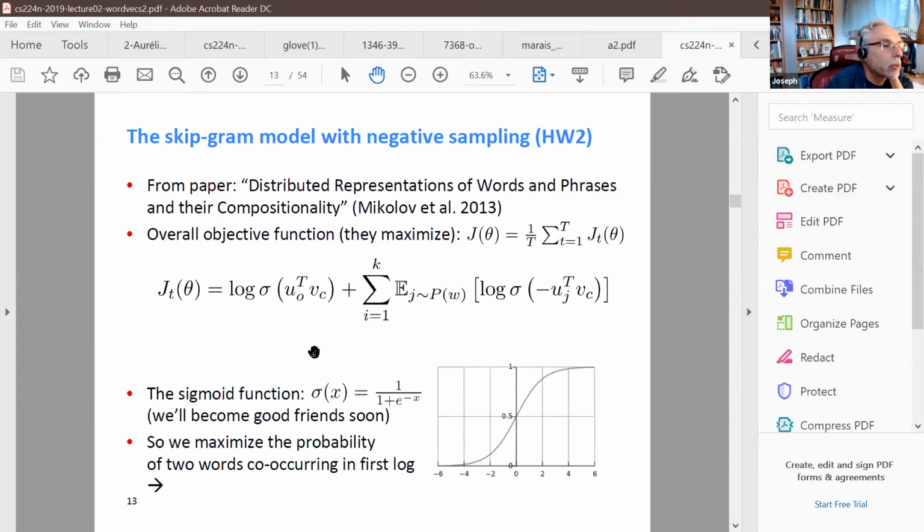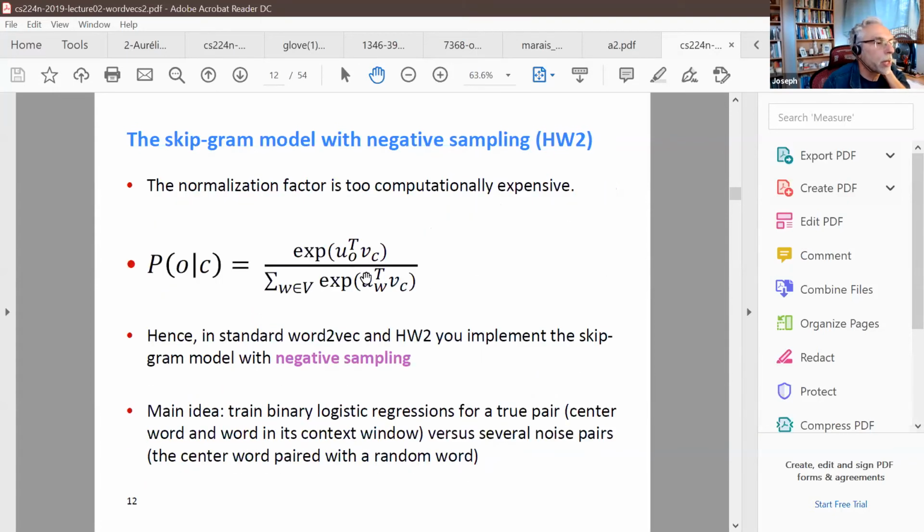Okay, why are they doing this? What they're really doing is taking the log of this thing. The log of this probability is the log of the numerator minus the log of the denominator.